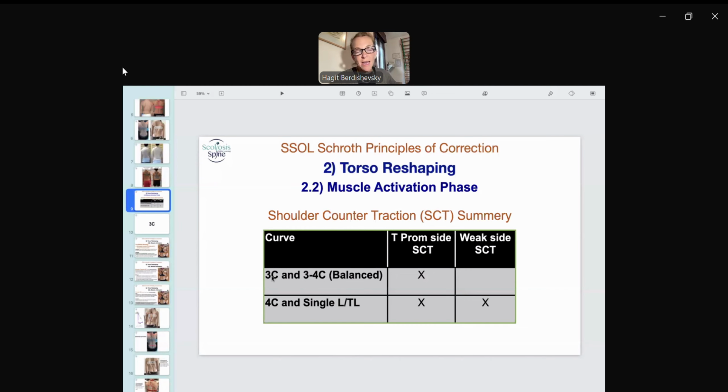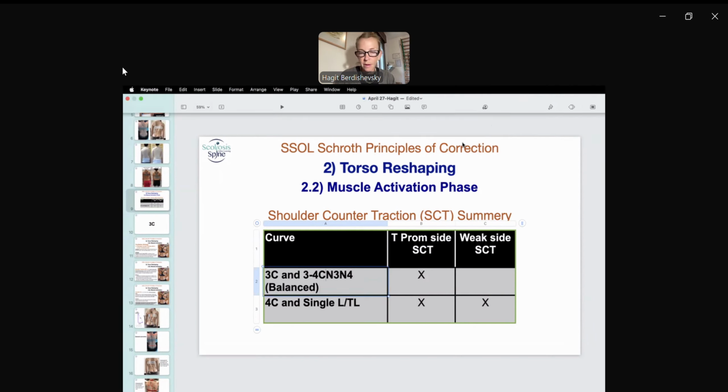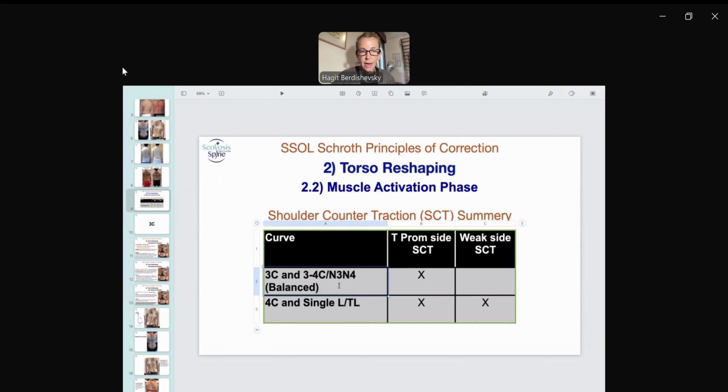I always see the 3C and the 3-4C, or as other schools know them, the non-3, non-4 curve types. This is a primary thoracic curve type. They can be with lumbar or without lumbar.